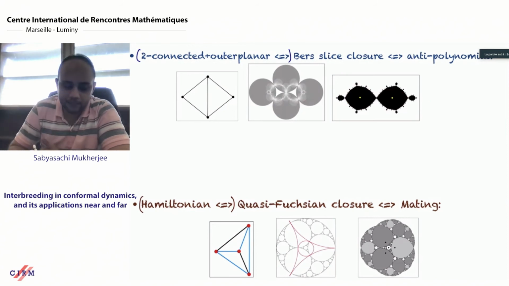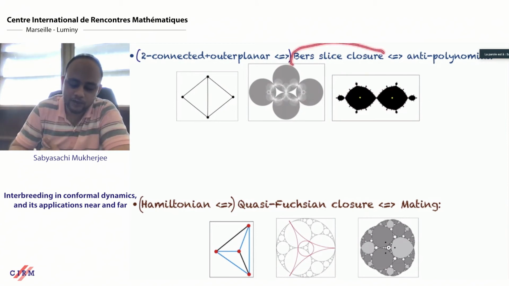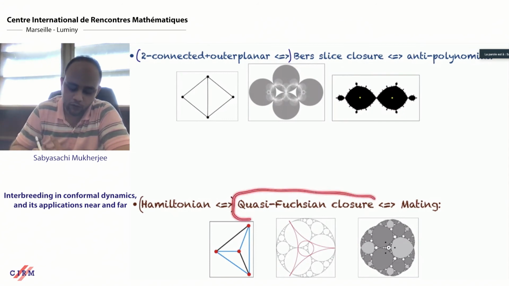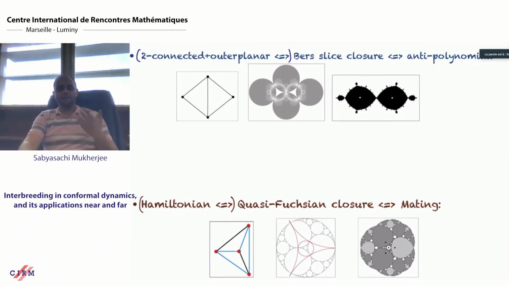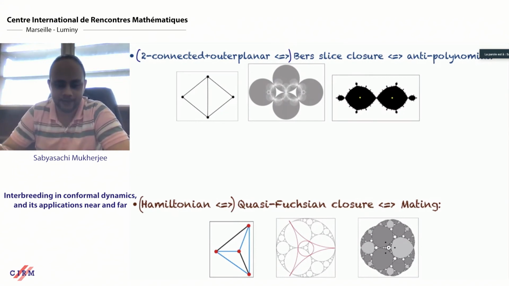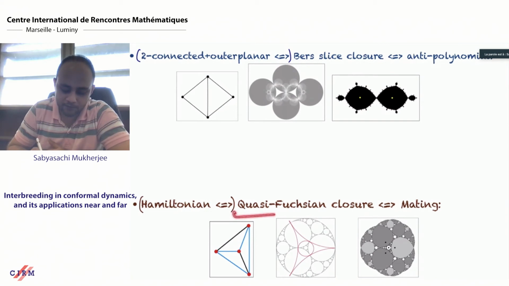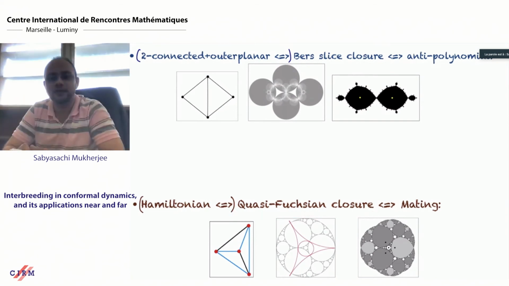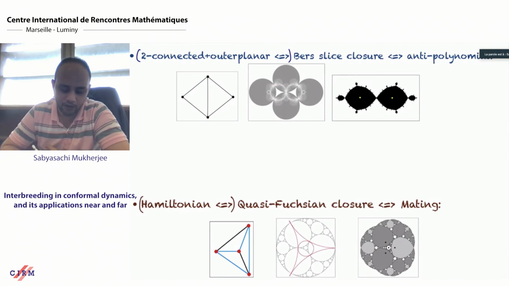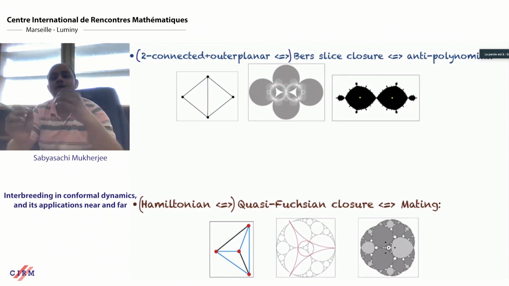Once you understand something for groups on the closure of the Bers slice, you also want to understand what happens on the closure of the whole quasi-Fuchsian locus of the ideal polygon reflection group. And it turns out, as expected, that groups that lie on the closure of quasi-Fuchsian groups precisely correspond to matings in the rational world. And how can we see that in, let's say, one line? The point is, if you're on the closure of the quasi-Fuchsian locus, then such a group, if you're in the interior, that's easy.